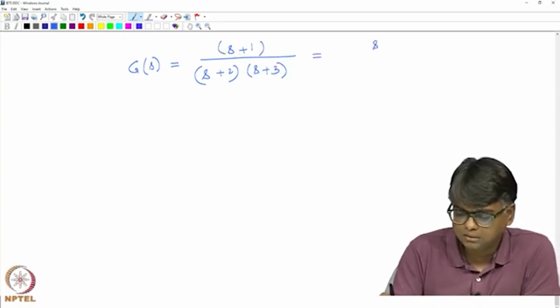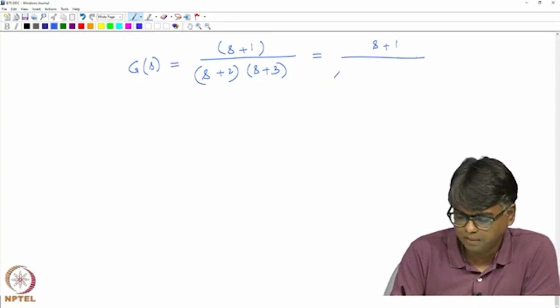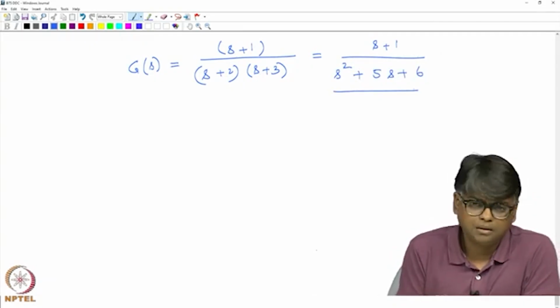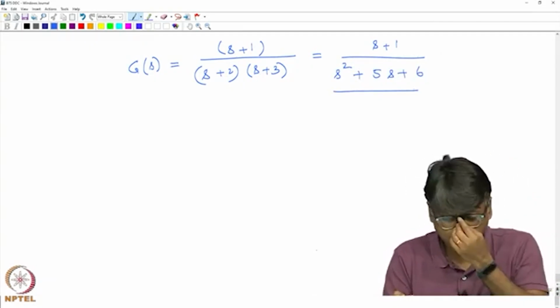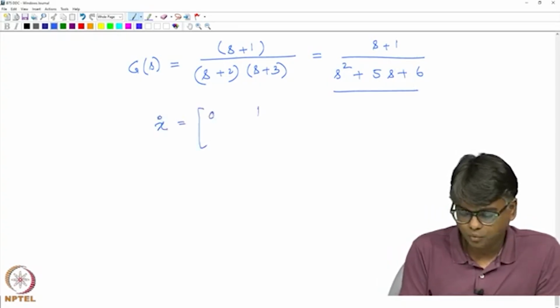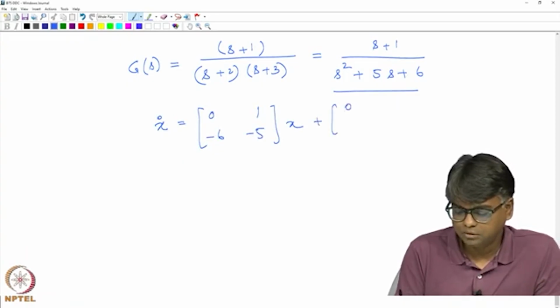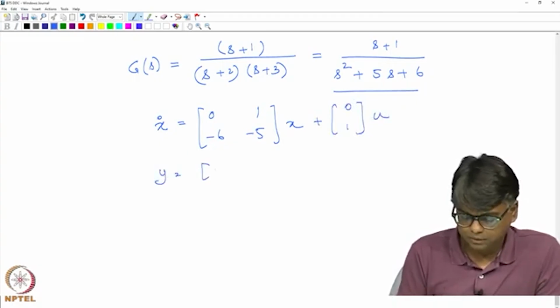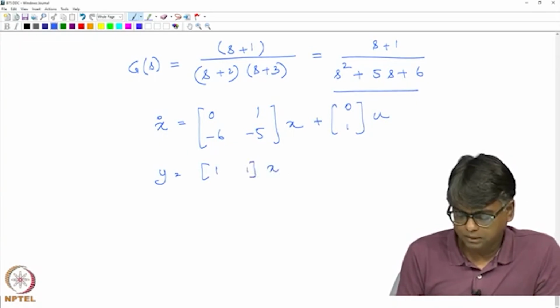This is just (s plus 1) divided by (s squared plus 5s plus 6), isn't it? And we obtained a state space representation for this, namely x dot equals [0 1; minus 6 minus 5] x plus [0; 1] u, which you can write just by inspection, and y equals [1 1] x.